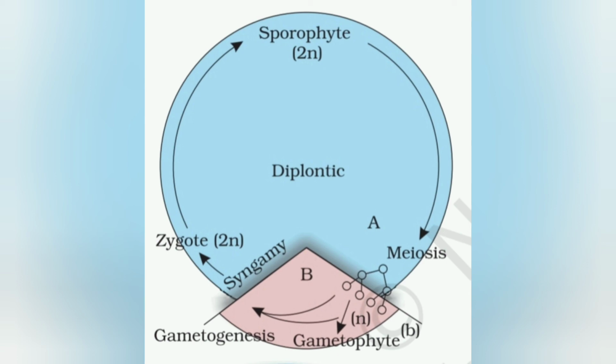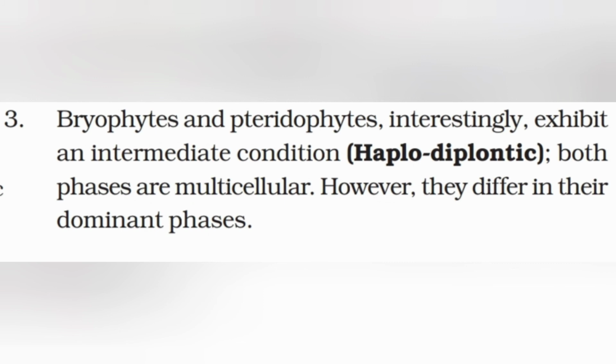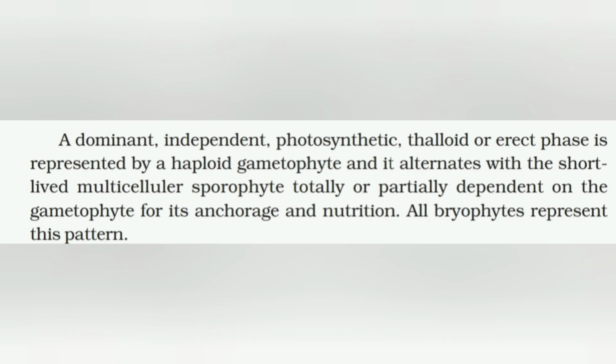The third type is seen in bryophytes and pteridophytes, an intermediate condition, haplodiplontic. Both the phases are multicellular, however they differ in their dominant phases. A dominant independent photosynthetic thalloid or erect phase is represented by the haploid gametophyte and alternates with a short-lived multicellular sporophyte totally or partially dependent on the gametophyte for its anchorage and nutrition.